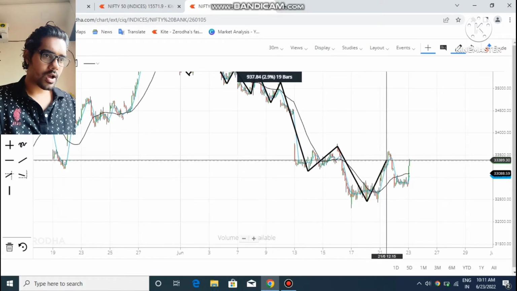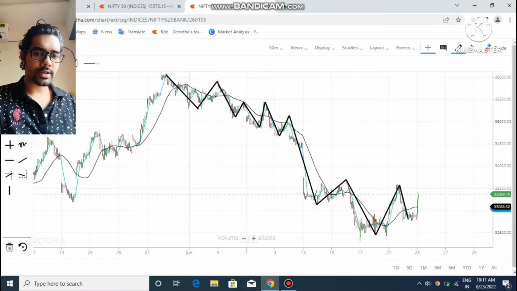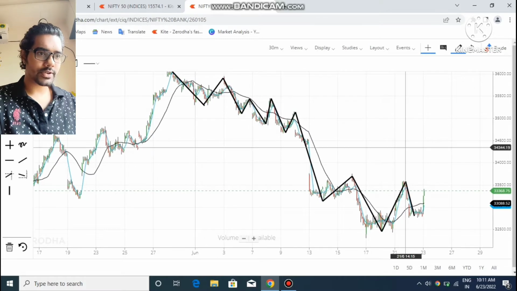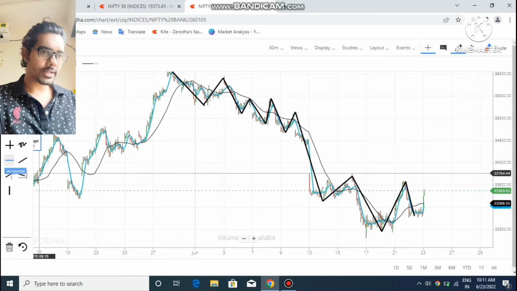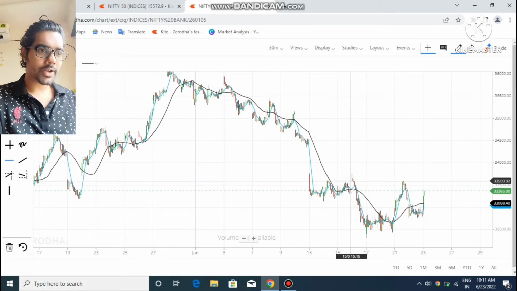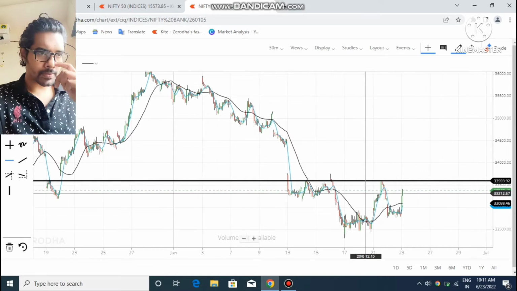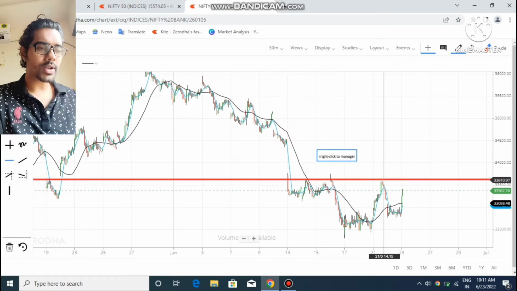Now, what do you see the resistance over here is? So this is the resistance, right? So you have already observed that there is a downtrend going on, right? And on the same time frame, you identified the resistance level, right? This one.